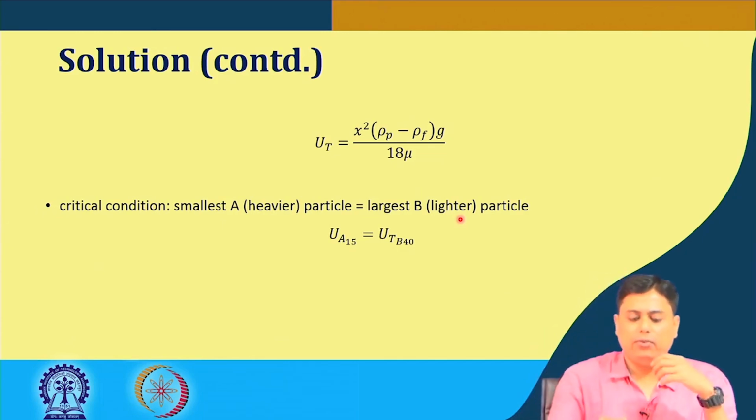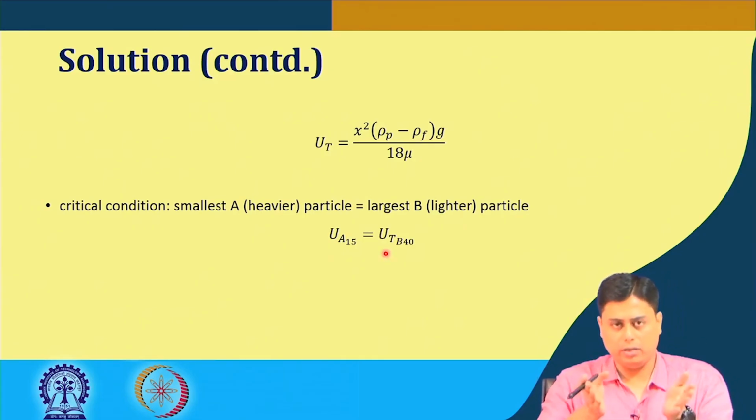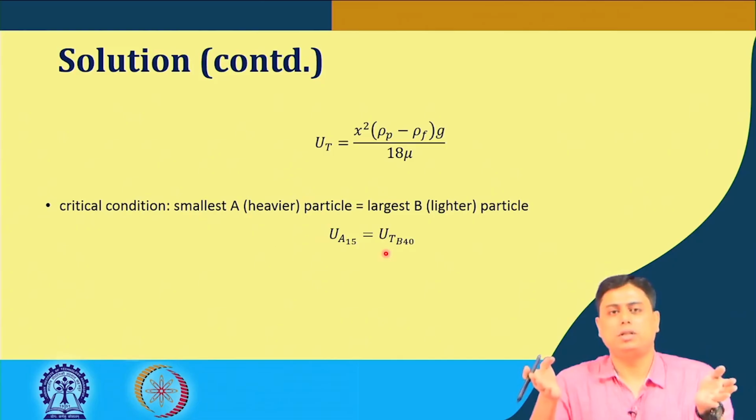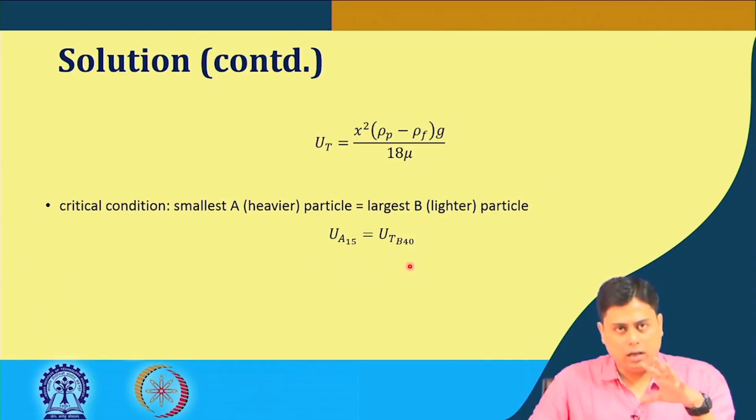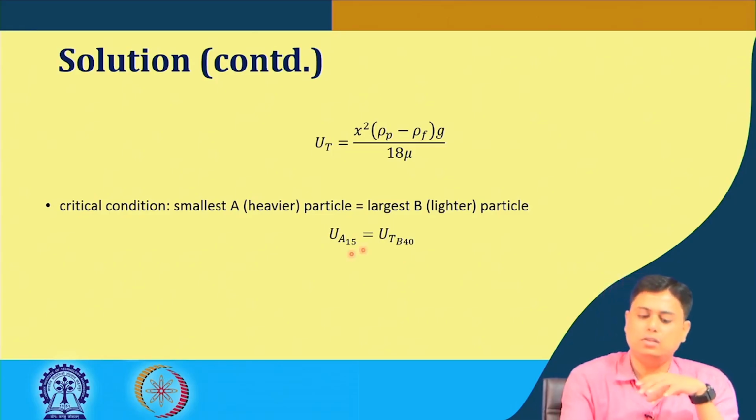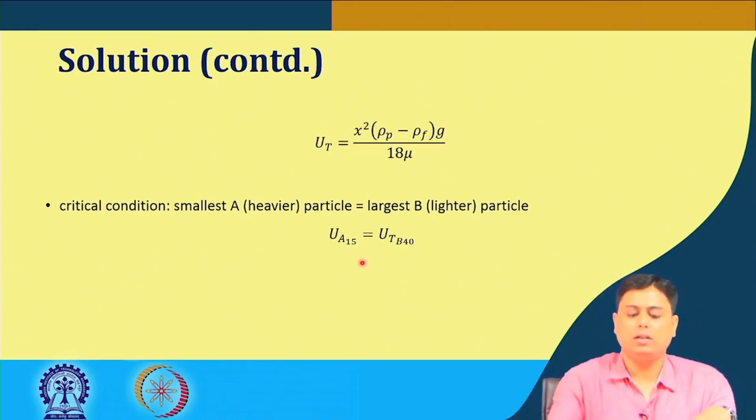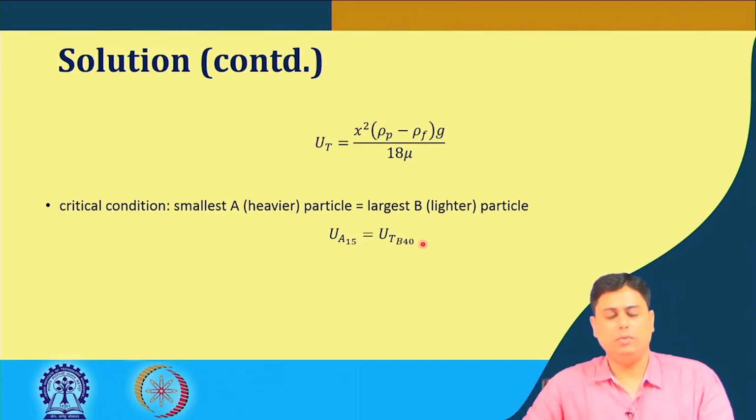And if this is the minimum condition, you can avoid the overlap, and then the complete separation is possible. So by equating these two terminal values, we can determine what is the minimum density required. If we go beyond this, they will be separating.